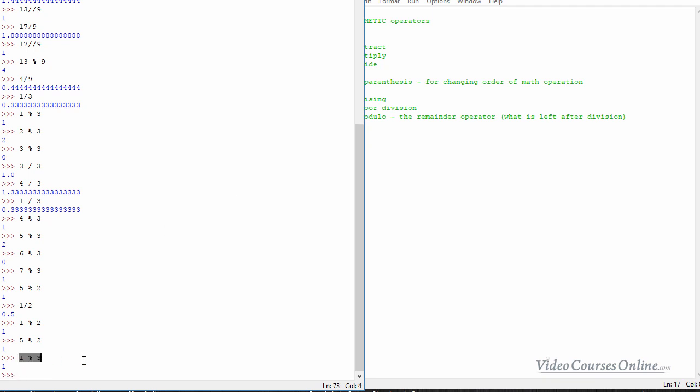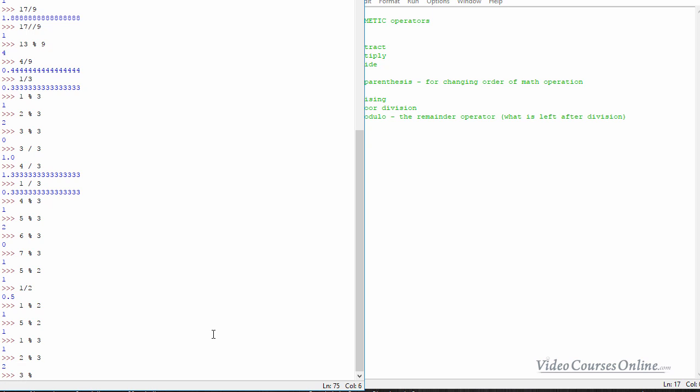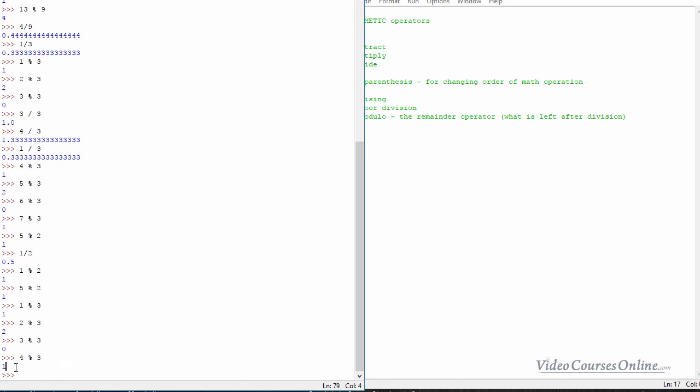But you should notice that this behavior repeats. 2 modulo 3 is 2, 3 modulo 3 is 0, right? As you can see, we have got 1 modulo 3 is 1, 2 modulo 3 is 2, 3 modulo 3 is 0, and after that, it will go again to 1, 2, and again 0.